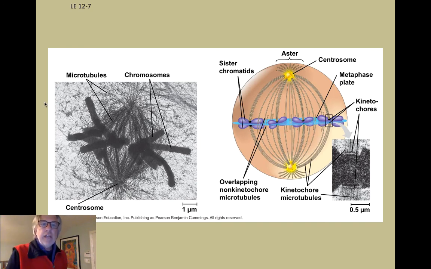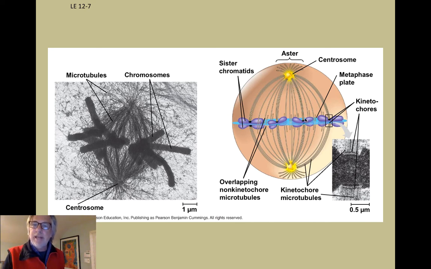So here is metaphase. Here is the spindle apparatus right here. This is the spindle. And look, going upwards in this, out towards the cell membrane, is the aster. So once again, this is the spindle and this is the aster. And right here in the middle is the centrosome. And here is a schematic diagram of it. You can see there's the aster, which is attaching to the cell membrane. Here is the spindle.